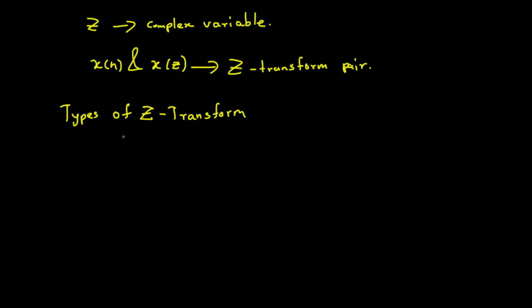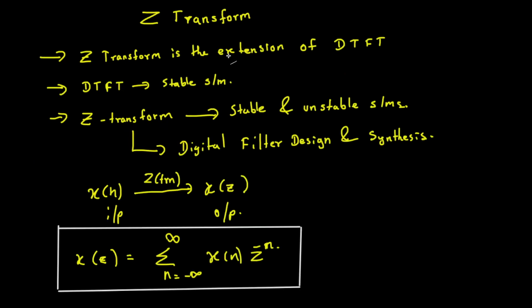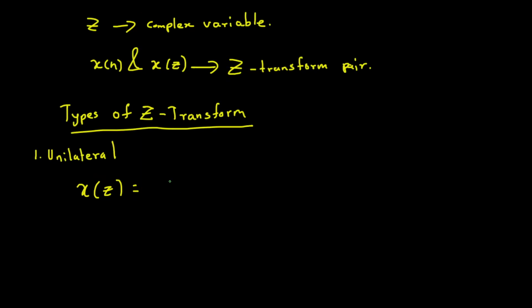Okay, and the one that goes from 0 to positive infinity is called unilateral Z transform, and this one is exactly the same as this. The only difference is this n is going to start from 0. Summation n is equal to 0 to infinity, and then x of n z power minus n.